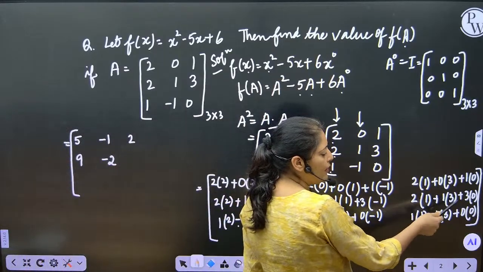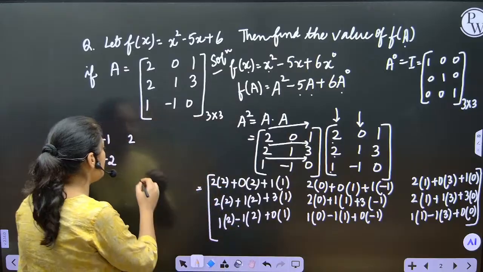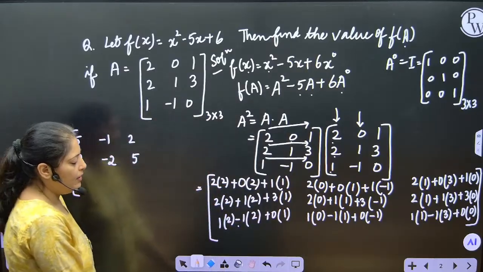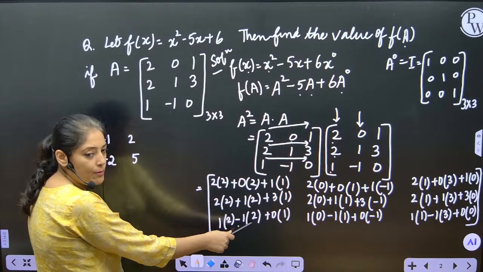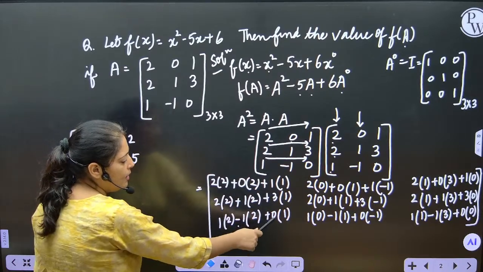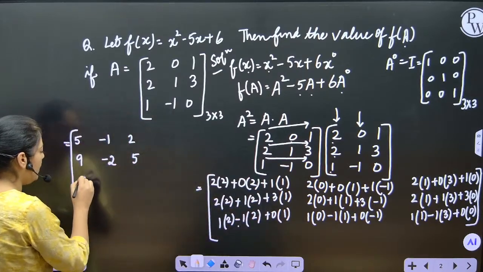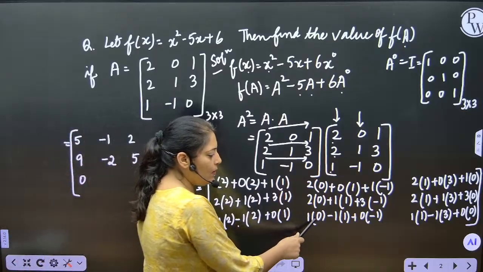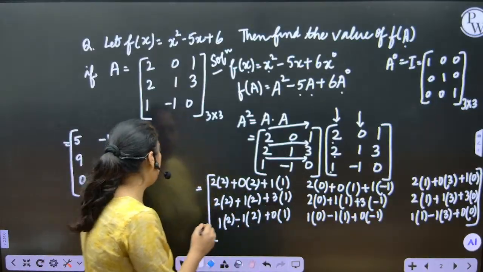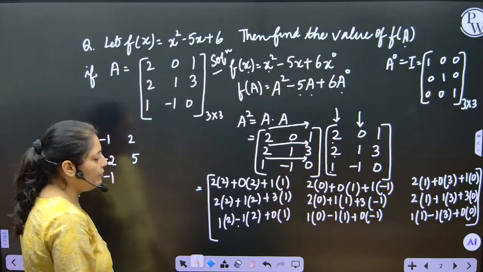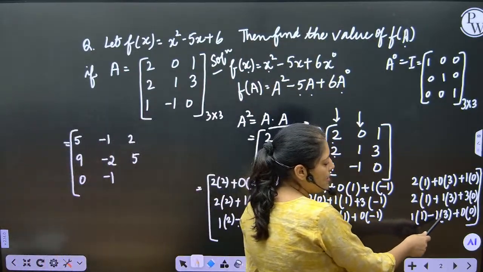2 ones are 2, 3 ones are 3. 2 plus 3 is 5. This will become 2, this will become 2. 2 minus 2 will get cancelled, plus 0. So again here it is coming out to be 0. This will become 0, this will become 0, this will become minus 1. This is 1, this is minus 3.